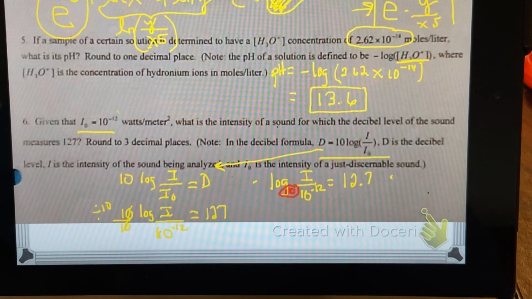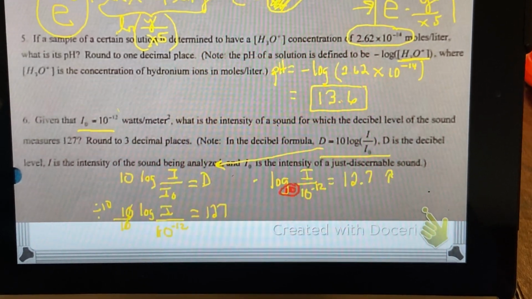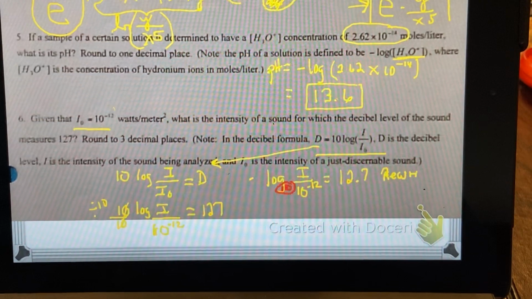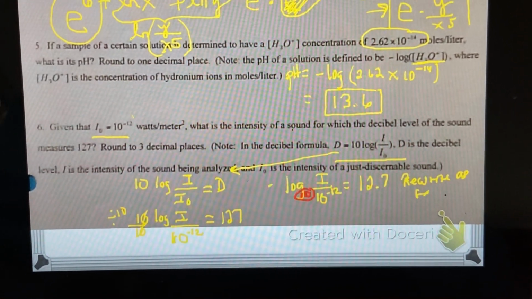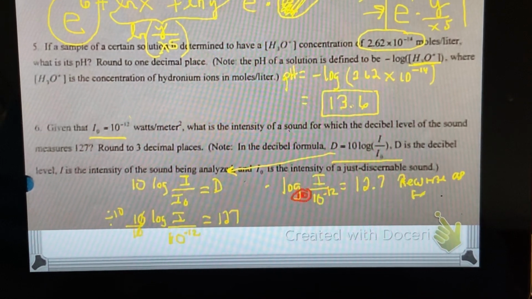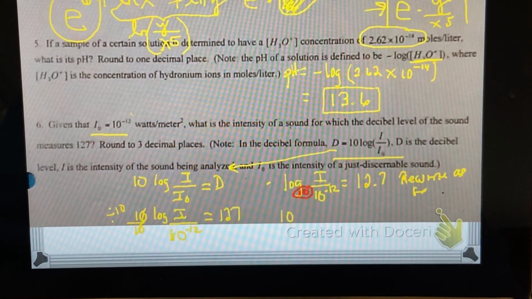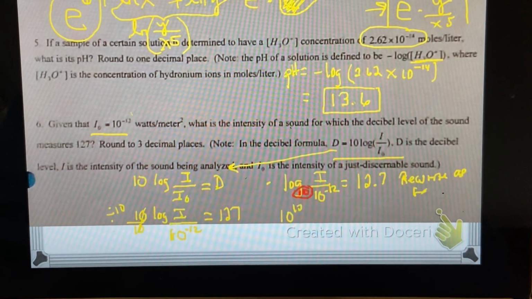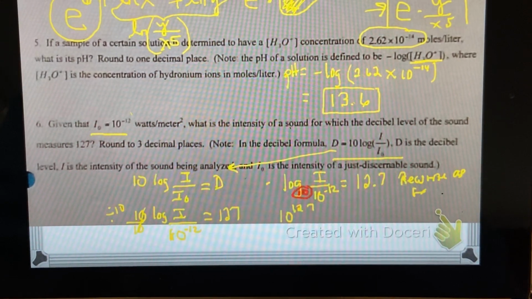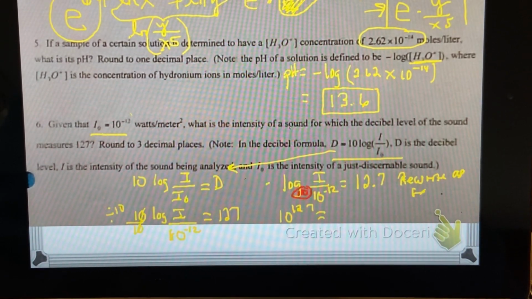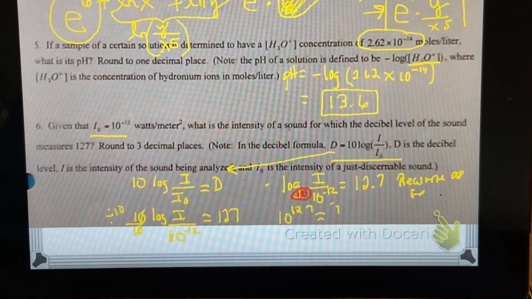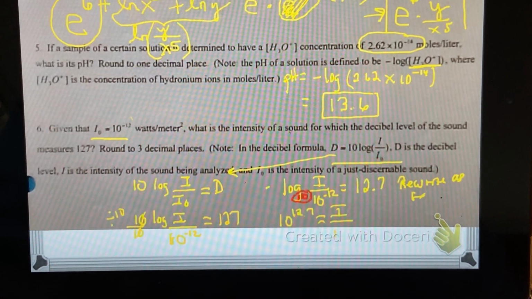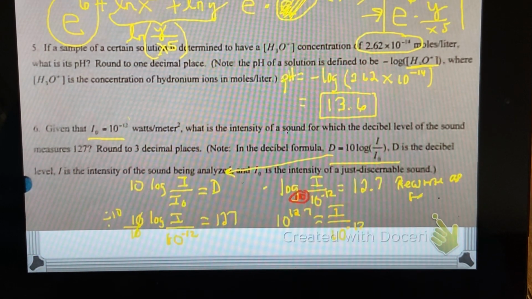So I'm going to rewrite this guy as an exponent. Remember, from last lesson, we go counterclockwise. 10 to the 12.7 power equals I over 10 to the negative 12.